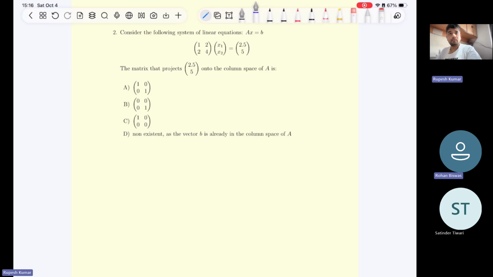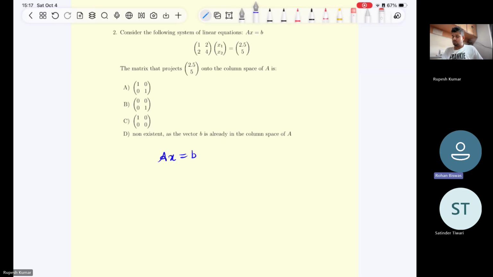Option C will be there? Why? No, it is already in the column space. It is spanned by 1, 2, so it is already in the column space. So D could be the answer, since the projection is non-existent as the vector B is already in the column space. But my doubt is, just for the sake of argument, if I say that A is the correct answer, that A projects 2.5, 5 onto the column space, then how am I wrong?